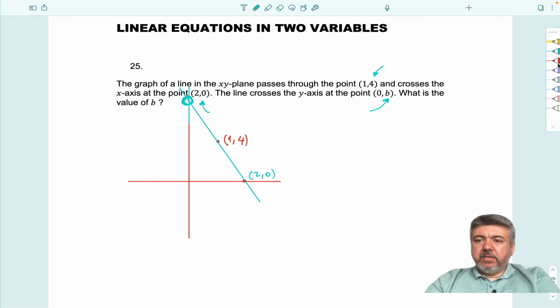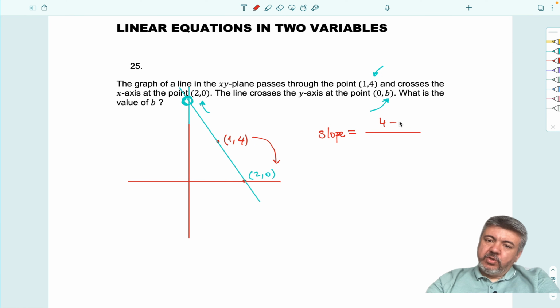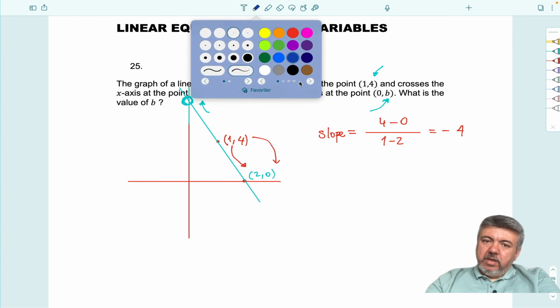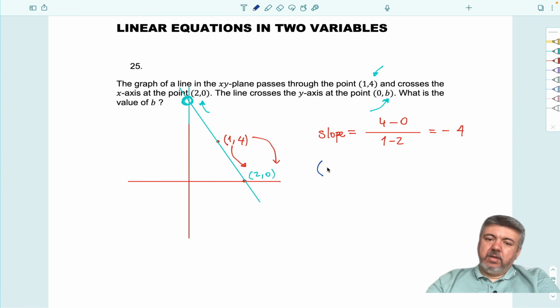Okay, let's write the equation of the line together. First of all, slope. y2 minus y1, 4 minus 0, over x2 minus x1, 1 minus 2, it's -4 as slope. If you have a point x1, y1 and slope, the equation of the line is y minus y1 equals m times x minus x1.